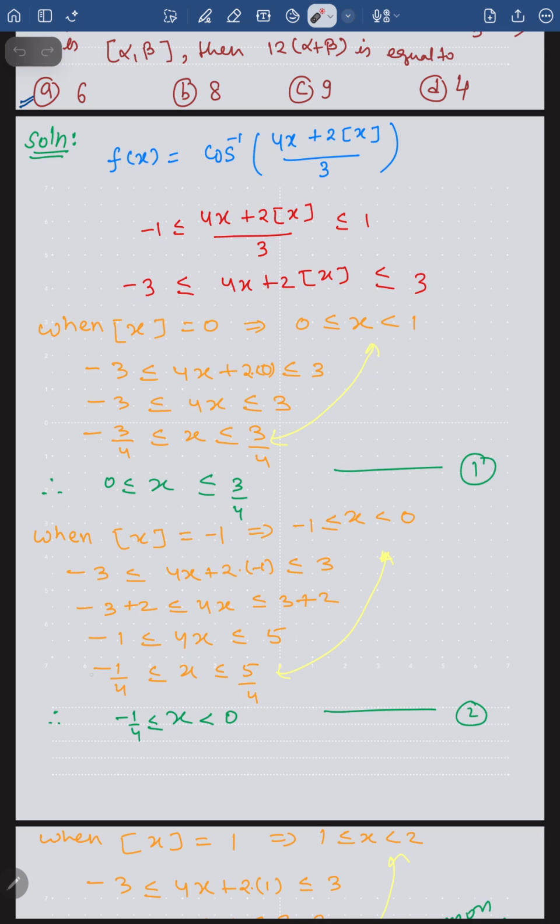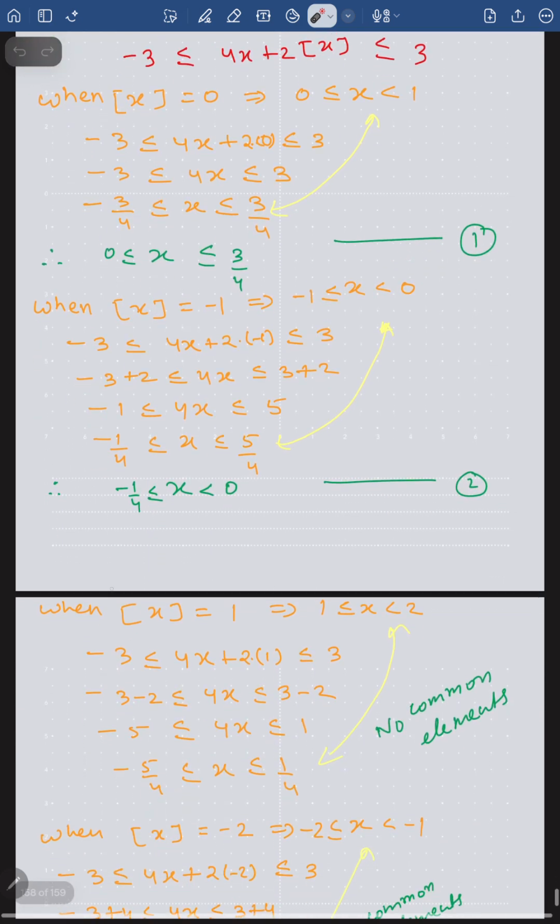After that divide by 4: -1/4 less than or equal to x less than or equal to 5/4. When you combine with the interval x between -1 and 0, clearly x will lie between -1/4 and 0. After that it is not possible, no common value is available. So this will be equation 2.